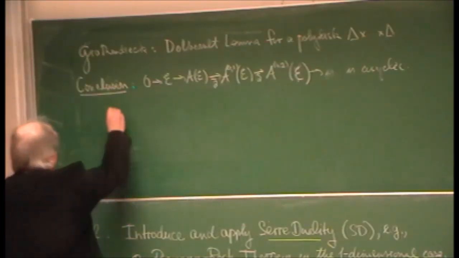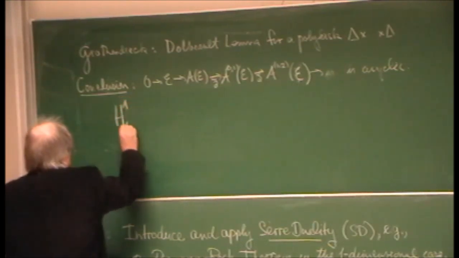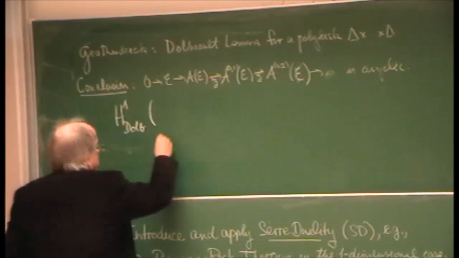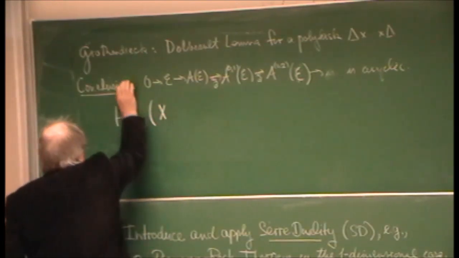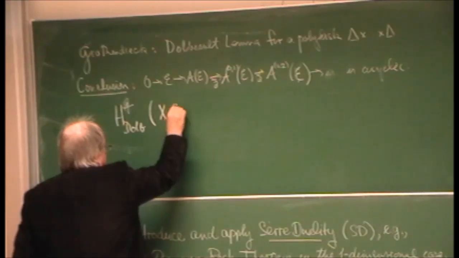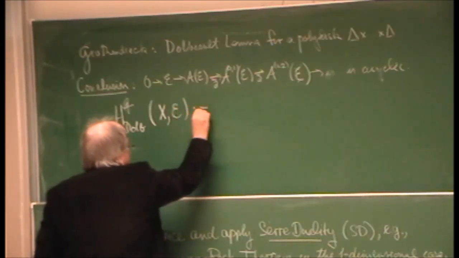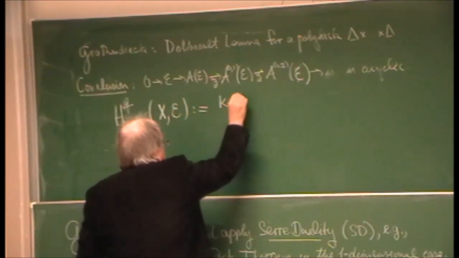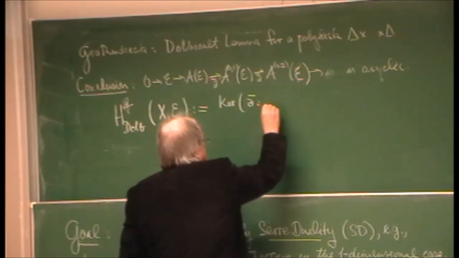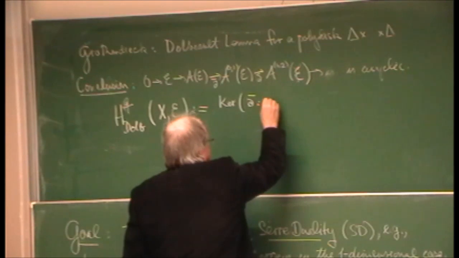And now we define the Dolbeault cohomology of X, not only H1 but H^q, with coefficients in the vector bundle, to be the kernel of the d-bar operator from sections of differential forms.